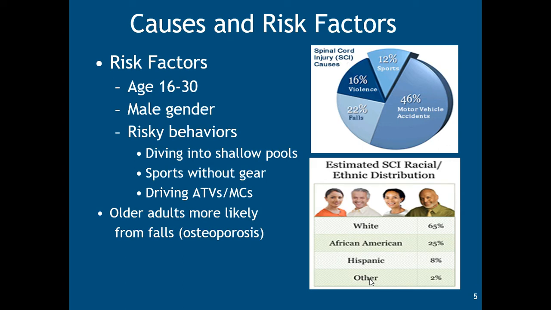So what are some causes and risk factors? Usually younger age, 16 to 30 is about average. Younger people are more free-spirited and more likely to take risks, the male gender especially, and then risky behavior, so diving into a shallow pool, ATV sports, motorcycles, anything that they might do without using the proper safety equipment and gear, and then motor vehicle crashes and alcohol use too.